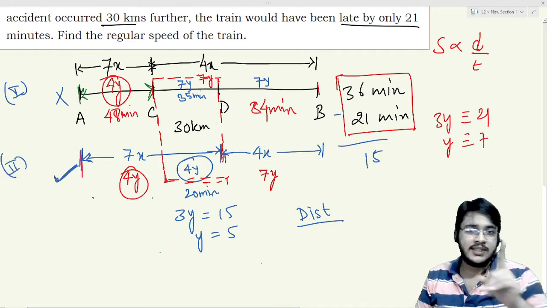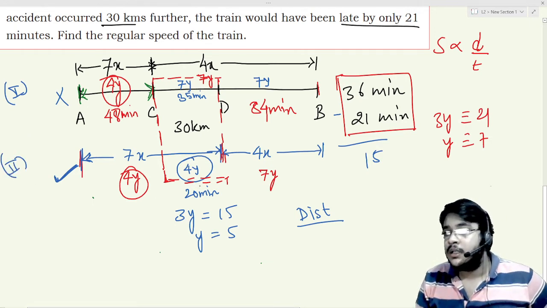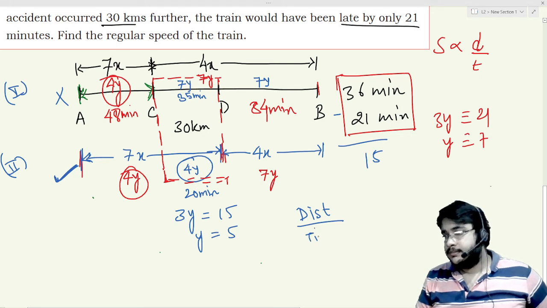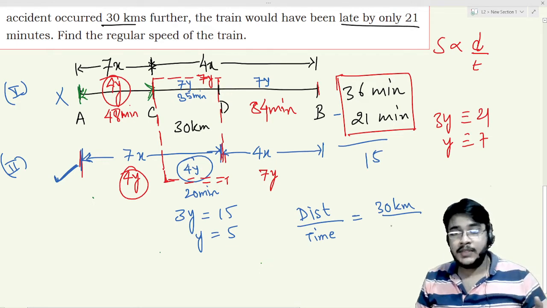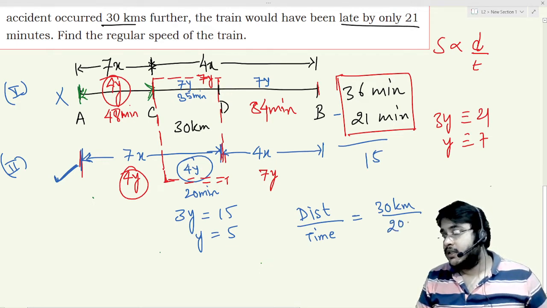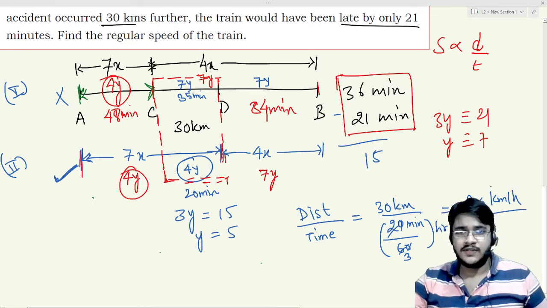In case number 2, the snag has happened after D. So distance upon time, distance is given as 30 kilometers and the regular time that it takes would have been 20 minutes. The same thing again you convert into hours, divide by 60, 0 cuts 3 and this 3 goes to the numerator. It again becomes 90 kilometers per hour.